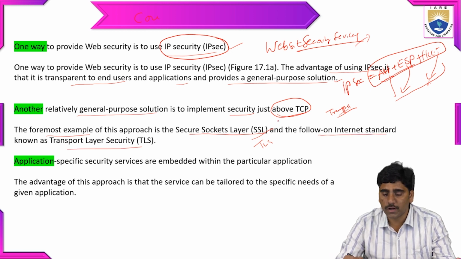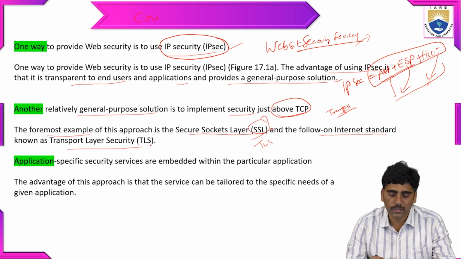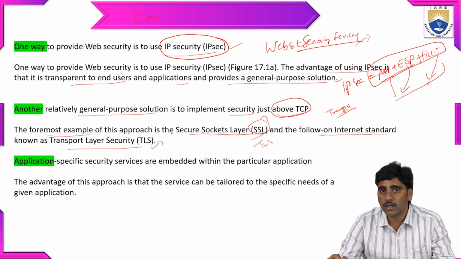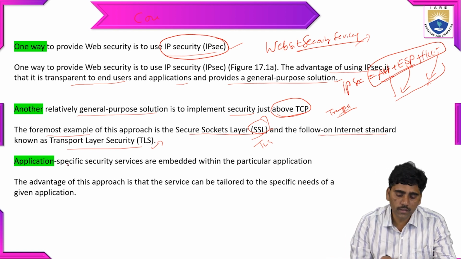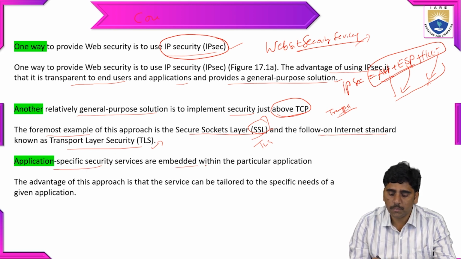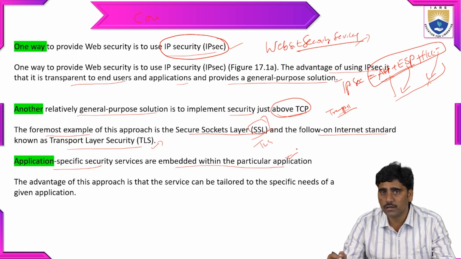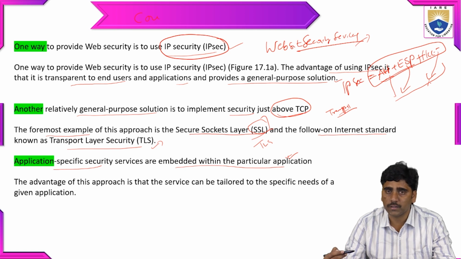Before the 1990s we called it SSL; after that, it is called Transport Layer Security. And application specific security services are embedded within particular applications. To provide security for each application, we have to provide a specific security service for that application.